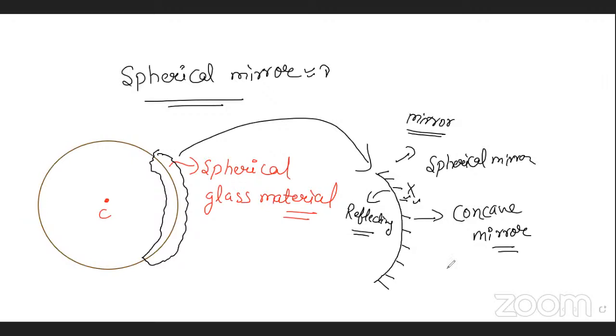Now suppose, again, I take this spherical glassy material and extract this part. Now it will be like this. Let me erase this. So it will look like this.